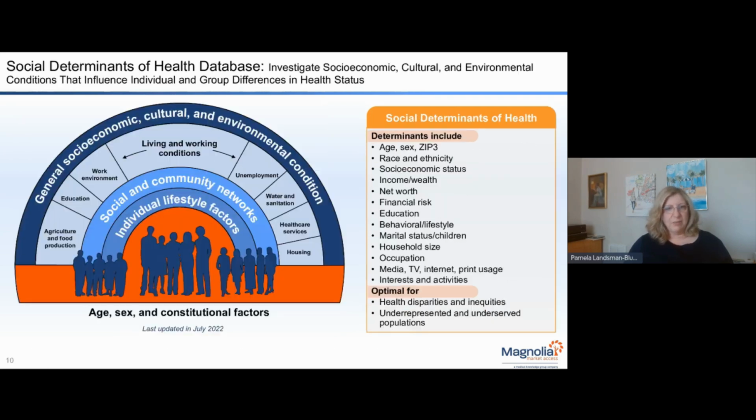And then, as I mentioned, are social determinants of health data that captures information on individual lifestyle factors, social and community networks, as well as general information about a particular person's surroundings and environment in which they live.